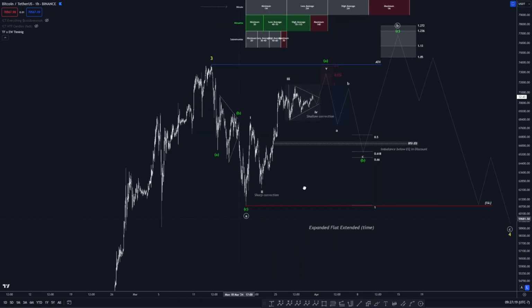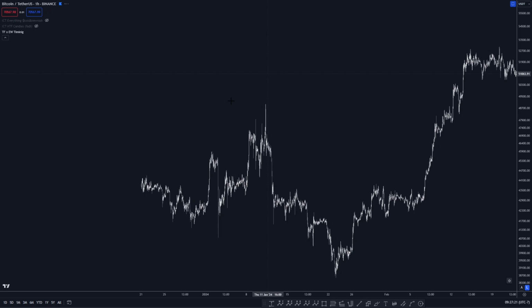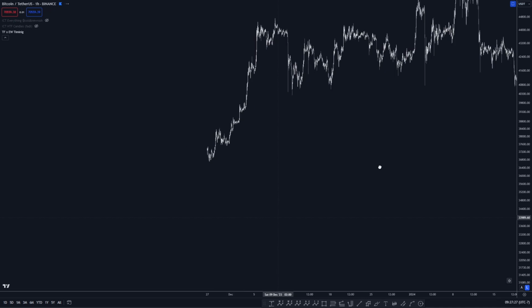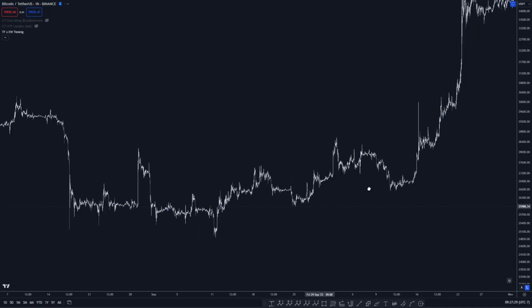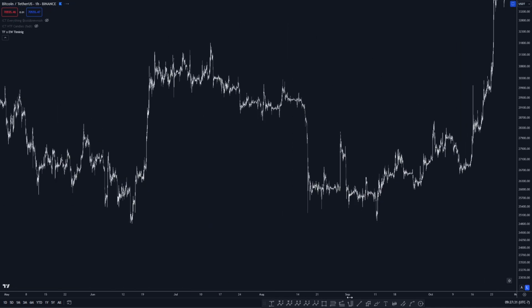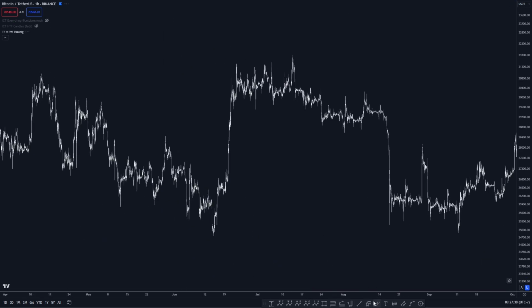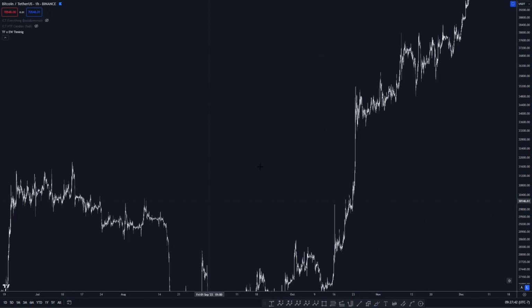Basically, because the prior correction was an expanded flat. Right here. And before that, this correction was a flat. A, B, C.